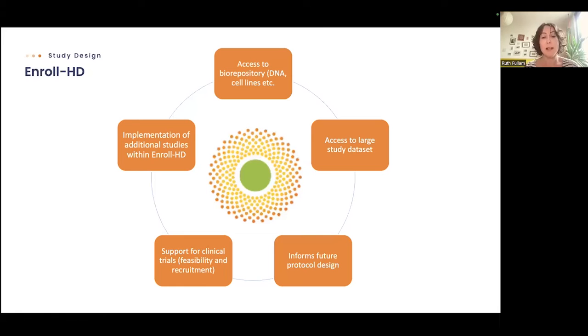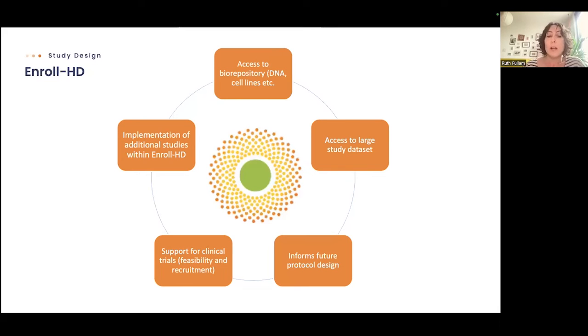We help them with contracting with other institutions to take part, applications, and monitoring of their data. It's now grown so that it is a multinational study, providing really, really valuable data. So again, it's accelerated our understanding and the research in HD.